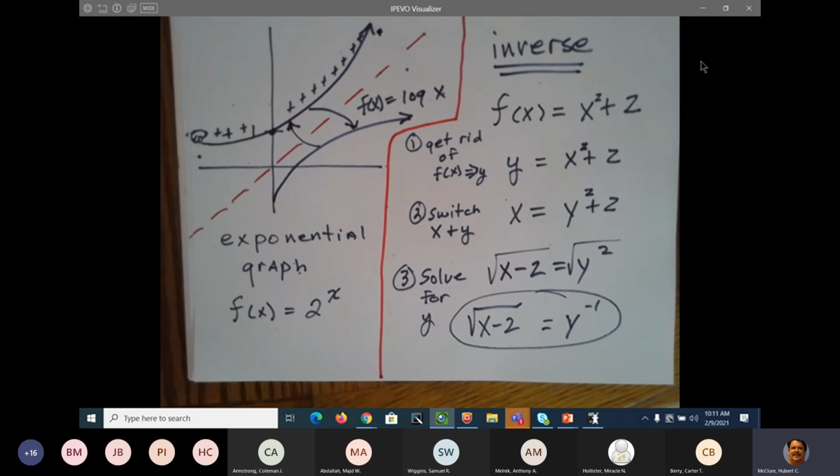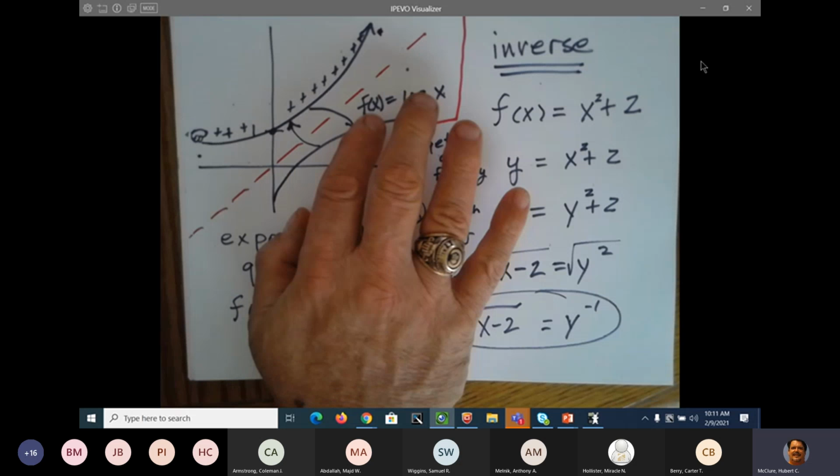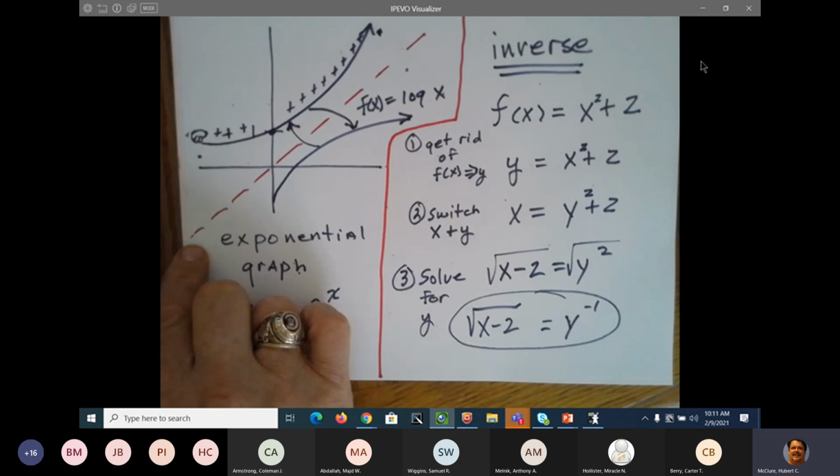Okay, so with an exponent, an exponential function, and a logarithmic function, they are inverses of each other. All right? This is what the graph looks like. The graph is usually symmetrical around a 45-degree line. How to find it algebraically?